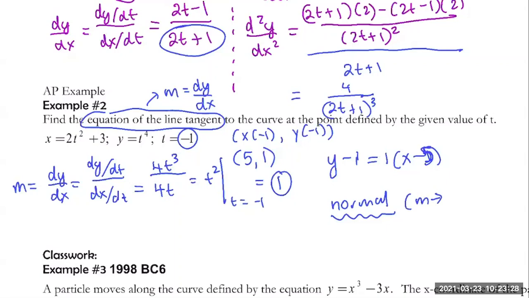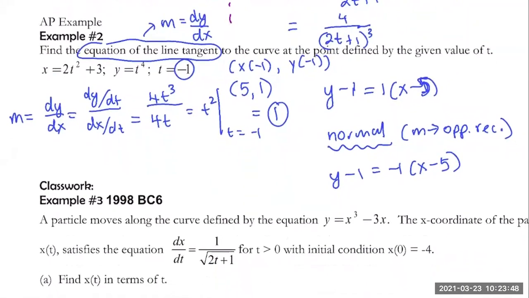Okay, a normal line is perpendicular, so very good. The slope changes to the negative reciprocal, or opposite reciprocal. Sorry, I ran out of room, but I think you know what I mean. If this was a follow-up question, I would make sure to use the same coordinate point, just use the opposite reciprocal of the slope.